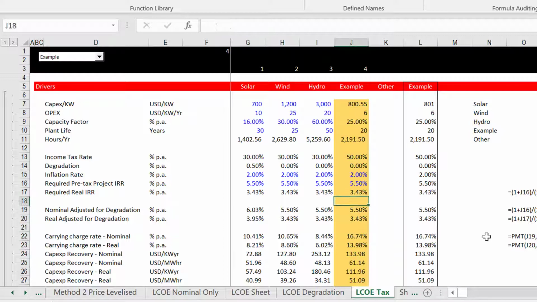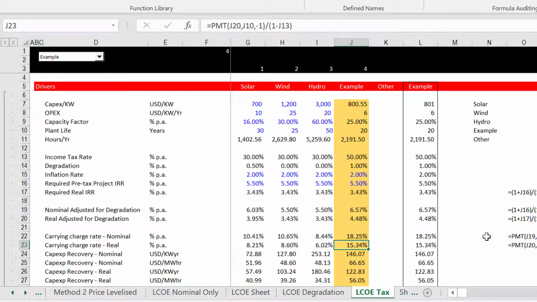You don't take, I thought it would be the required return. I'm sorry, the adjusted return. No, you take the adjusted return. Let's put some degradation in here too. How about that? And then you include the pre-tax.